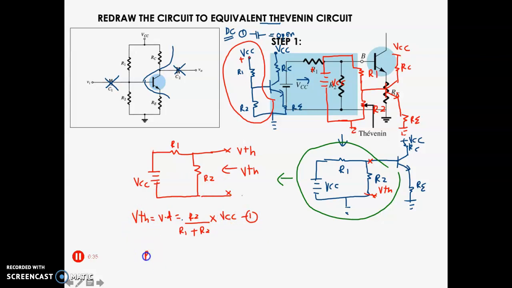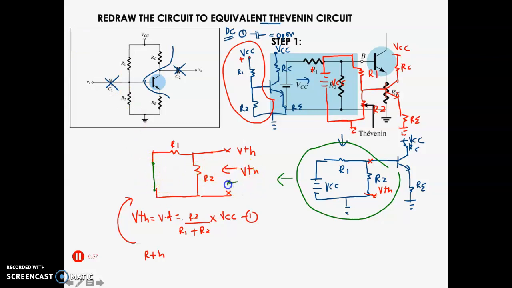Now next, how are you going to find RTH from this circuit? Remember, for RTH what you need to do first is turn off the voltage source, right? In order to turn off this voltage source, is it open or short? It needs to be shorted because this is a voltage source.